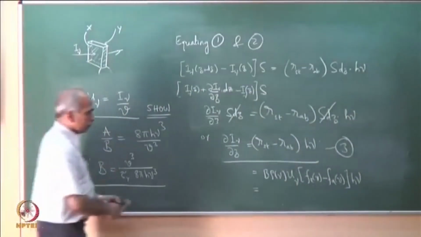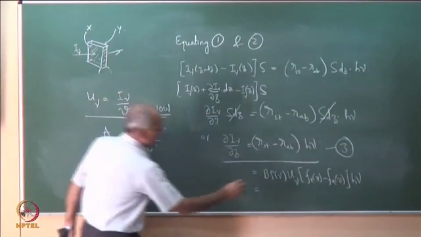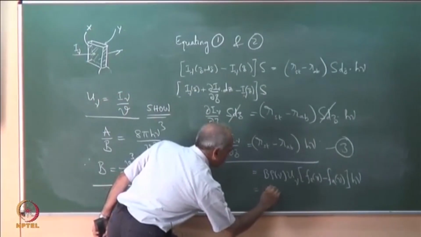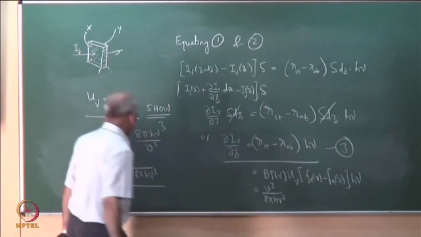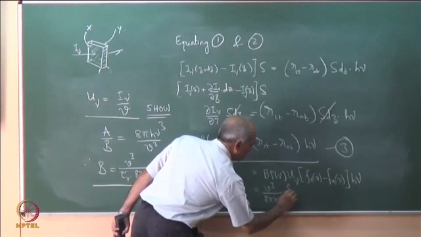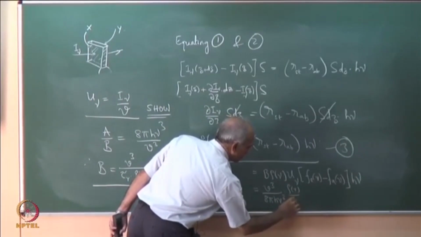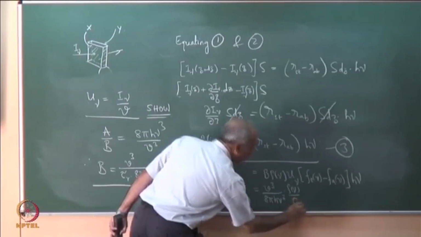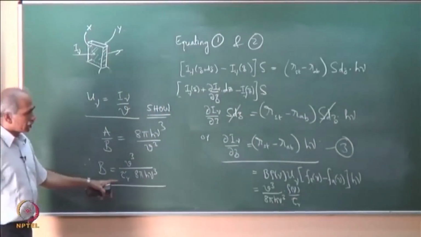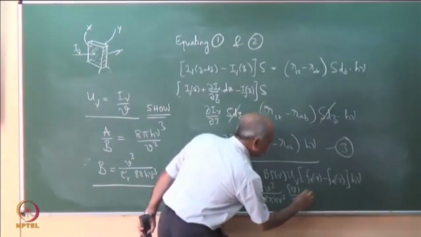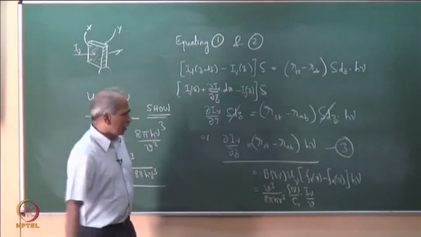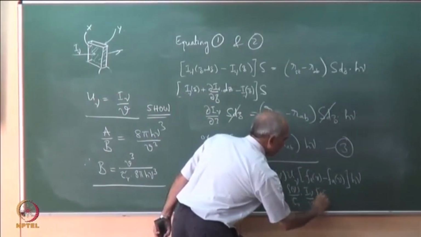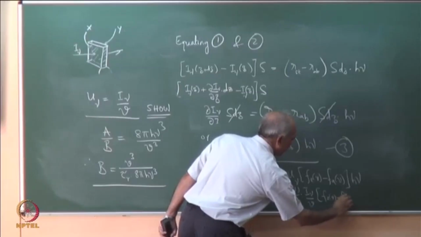So, we substitute that here in this expression. V cube divided by 8 pi h nu cube into rho of nu into tau r, the radiative recombination time, into U nu, which is I nu divided by V, velocity, into F E of nu minus F A of nu.